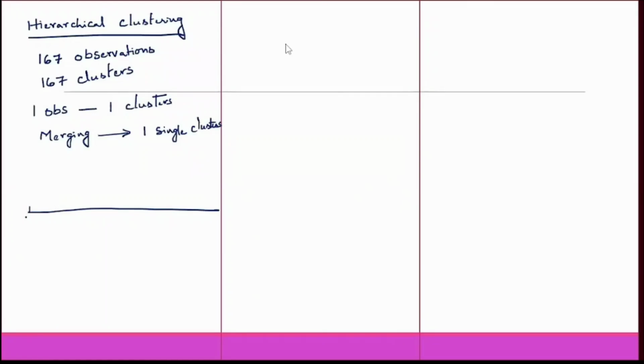I'm just taking, this could be my observation 70. These two could be joined like this. And then I could have my observation 23 and my observation 66. These two could be joined together like this.